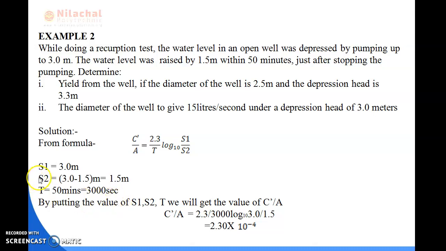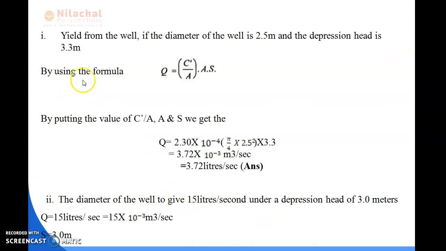By putting all these values in the formula, C dash by A equals 2.3 by 3000 log 10 S1 by S2, and we find the value 2.30 into 10 to the power minus 4, that is the value of C dash by A. The question asks to determine the yield from the well if the diameter of the well is 2.5 meter and the depression head is 3.3 meter.